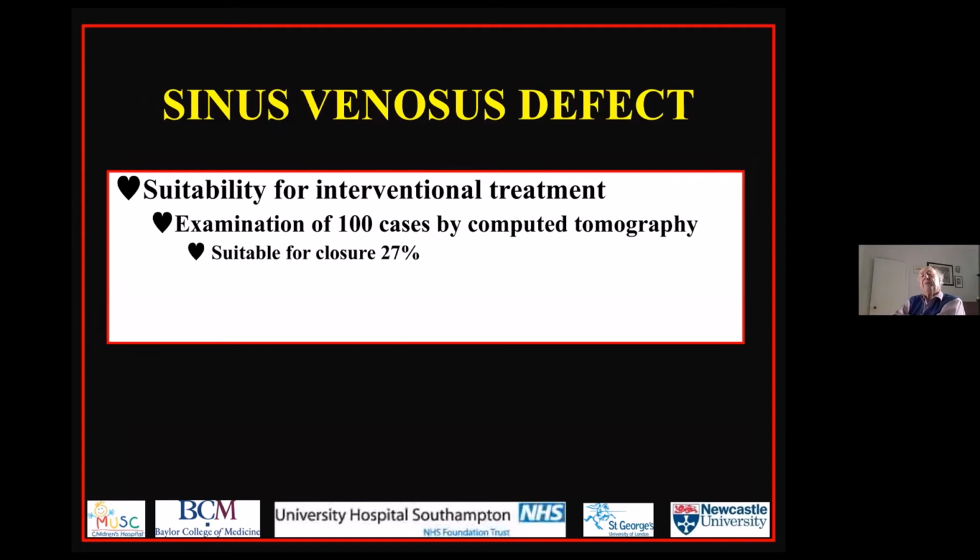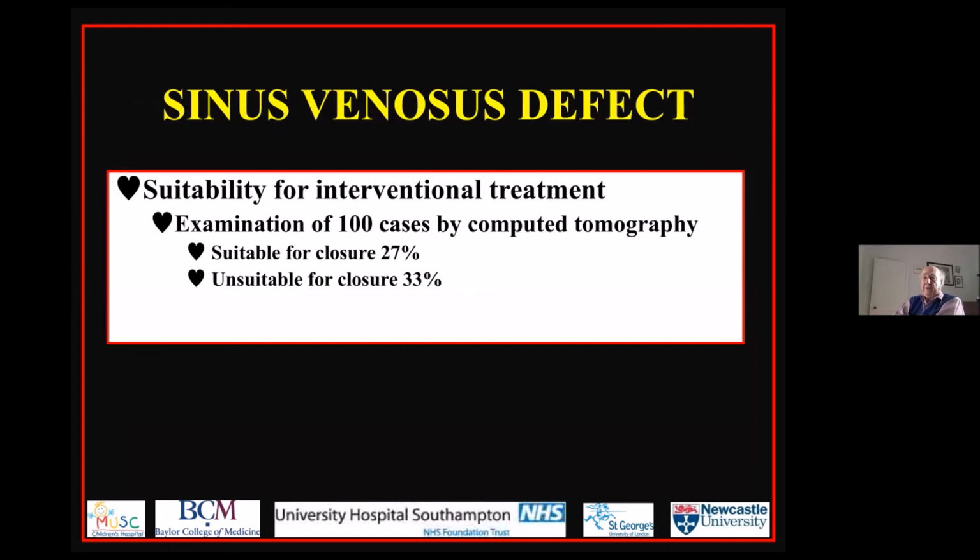So Saurabh and his colleagues in New Delhi have looked very carefully at their 100 cases, and they've tried to establish how many would be suitable for closure. And at least one-quarter of their cases they consider would be suitable for closure.